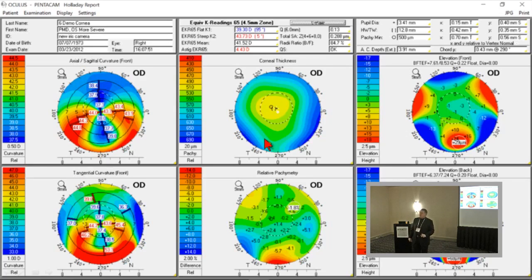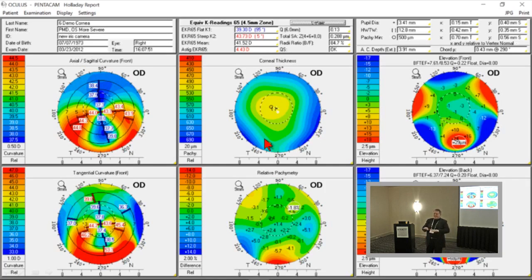In other words, the relative pachymetry map is in a percent. So when it's green, like here, this is still 700 microns thick, but it's supposed to be 700 microns thick. And here it's 555 thick. So what this percentage gives you is how thick it is relative to what it should be at that point.